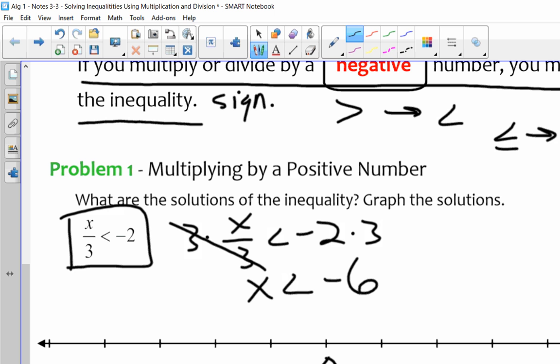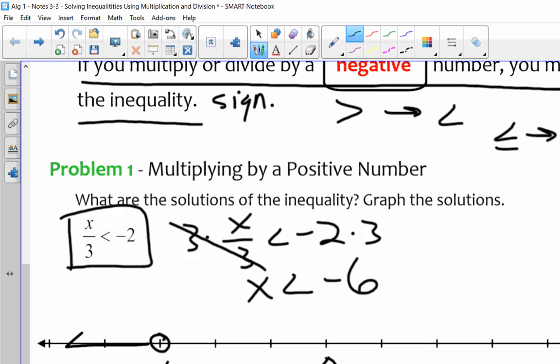I get that. Okay. So on my number line, I'm going to go find -6. So I'm going to guess. On my number lines there, you just can draw -6 somewhere. And then I look at my symbol, it's not equal to, so that tells me open circle, and it's pointing to the left.